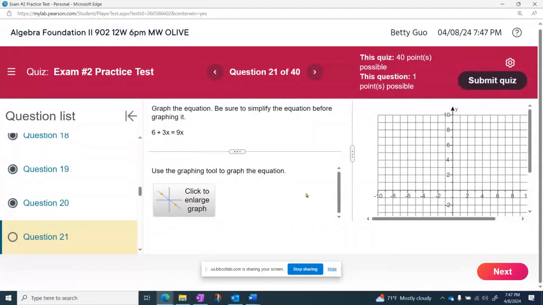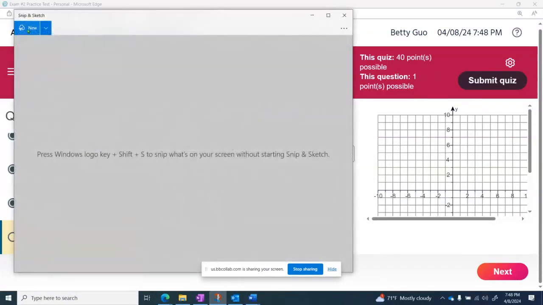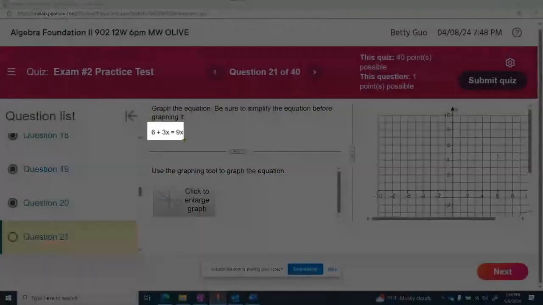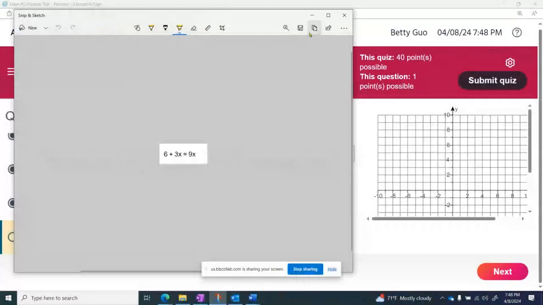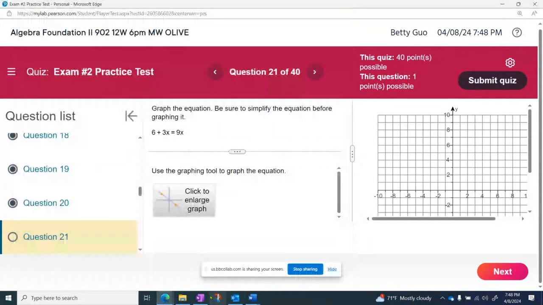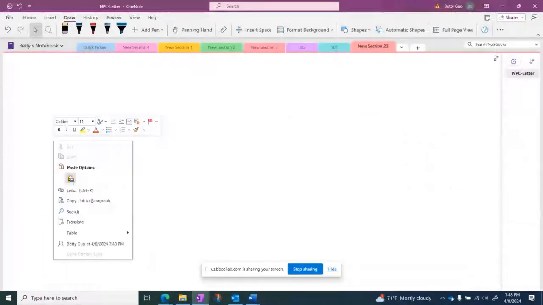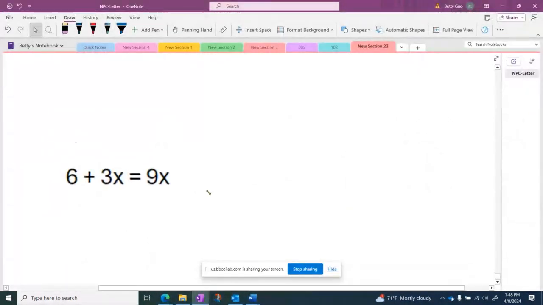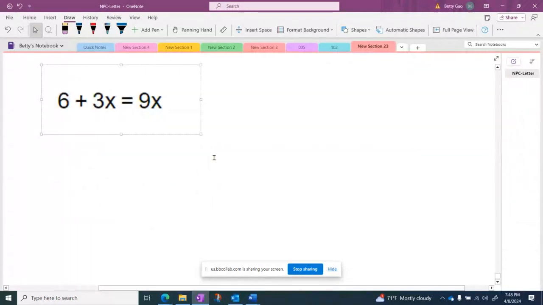This is from chapter 3. We are graphing the equation. Be sure to simplify the equation before graphing it. Read the instruction. Very good instruction. Remember to simplify before you're graphing it. Let's simplify first. 6, 3, 9.